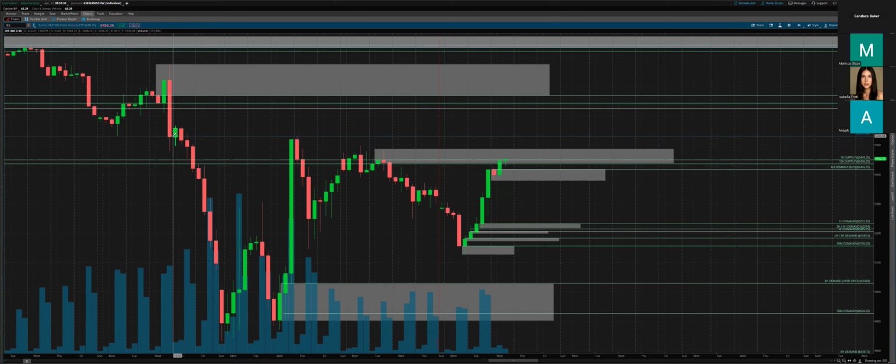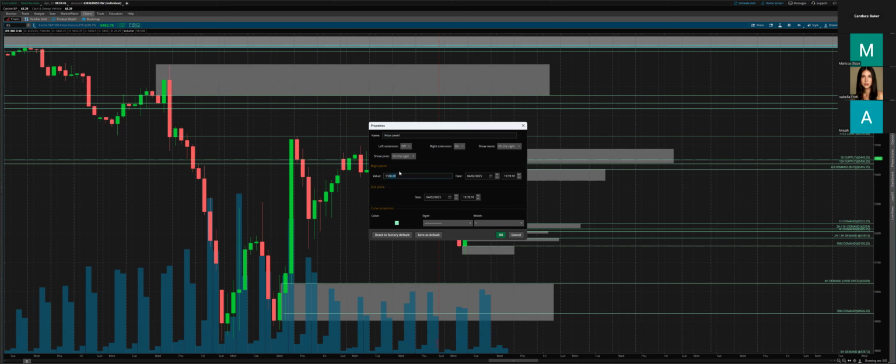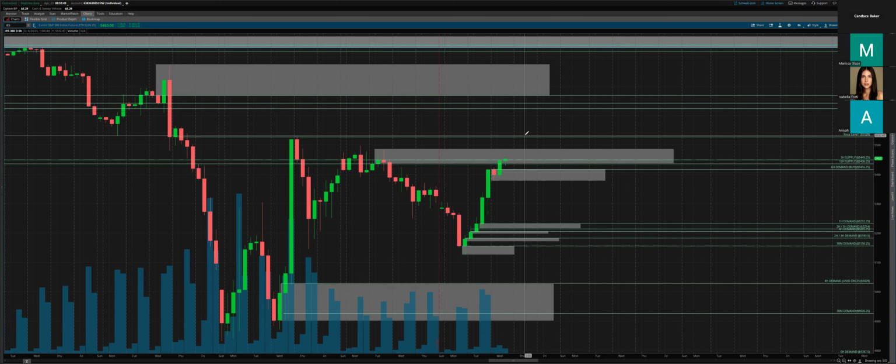Oh, okay. Where'd it open? 55.28. This would be like a level of interest where if it breaks it, I would be looking for it to retest and continue up to this next supply zone. There's a bunch of room in between.